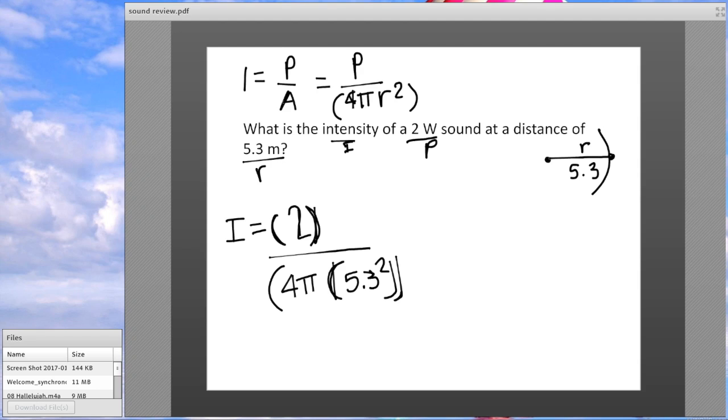Now, I like to do lots of extra parentheses, but that doesn't mean you have to. So I'm going to do 5.3 squared, and then I'm going to multiply that by 4. And I don't have a pi on my computer, so I'm just going to do 3.14. Okay, so then I'm going to have 2 over 352.81.